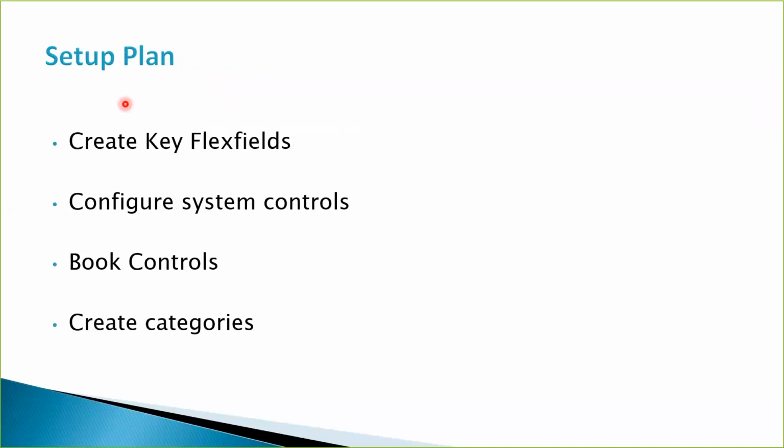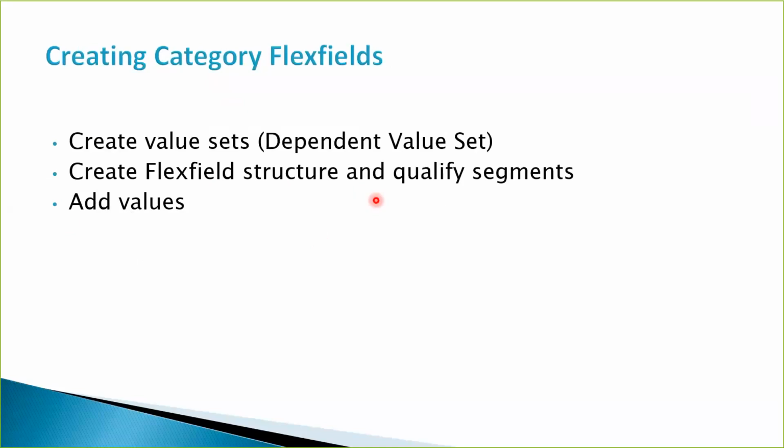Once we finish creating our flex fields, then we can go ahead and do system controls, and we are going to continue from there in our next session. So in our next session, we're going to finish creating the flex field and head on to the other setups that we need to do.